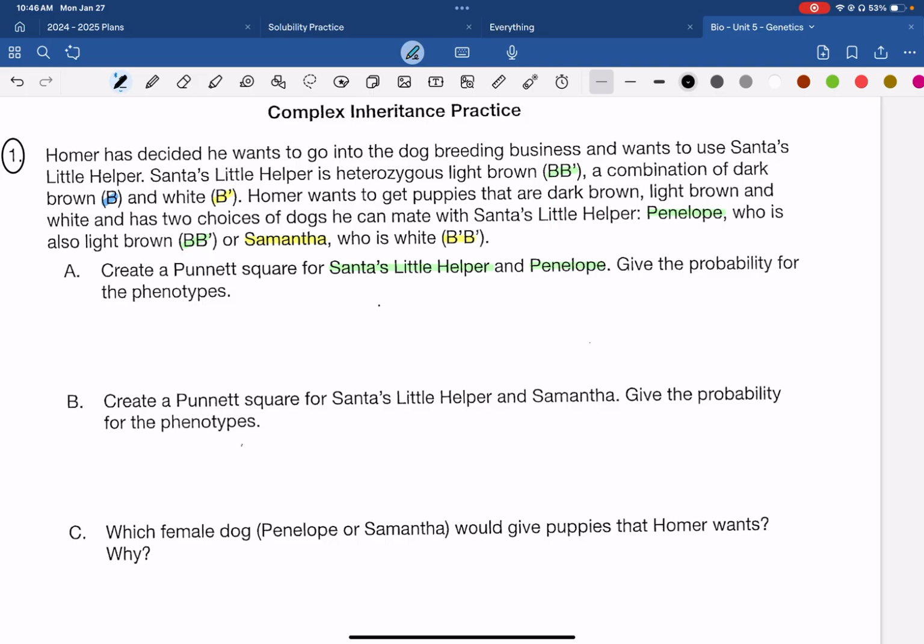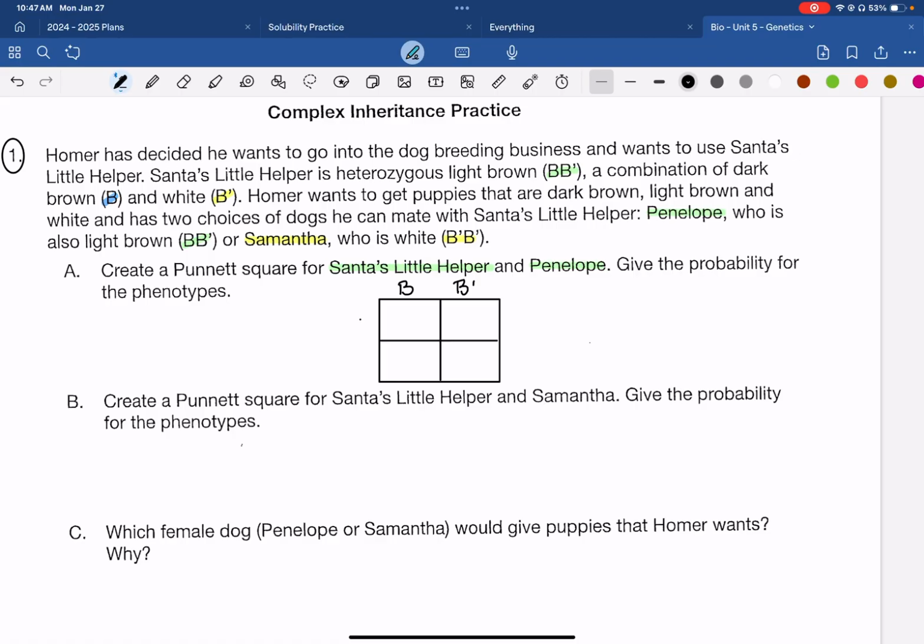So let's go ahead and start our Punnett square. I'm going to put both parents on it. Santa's Little Helper is heterozygous, light brown, so he's B and B prime.